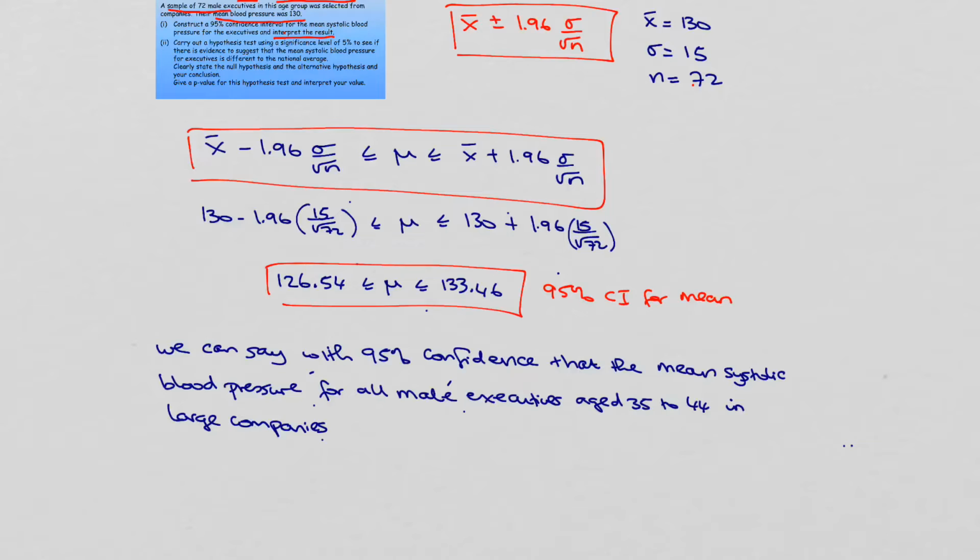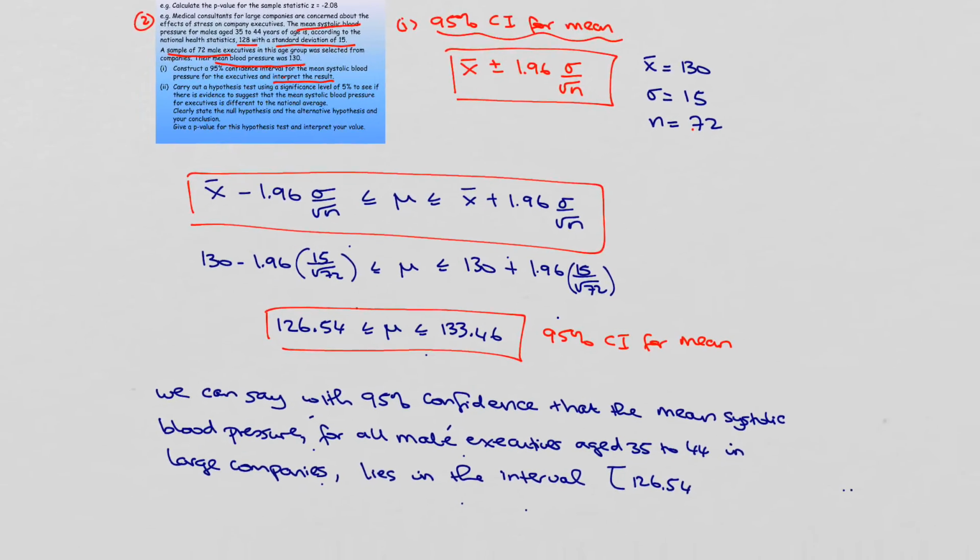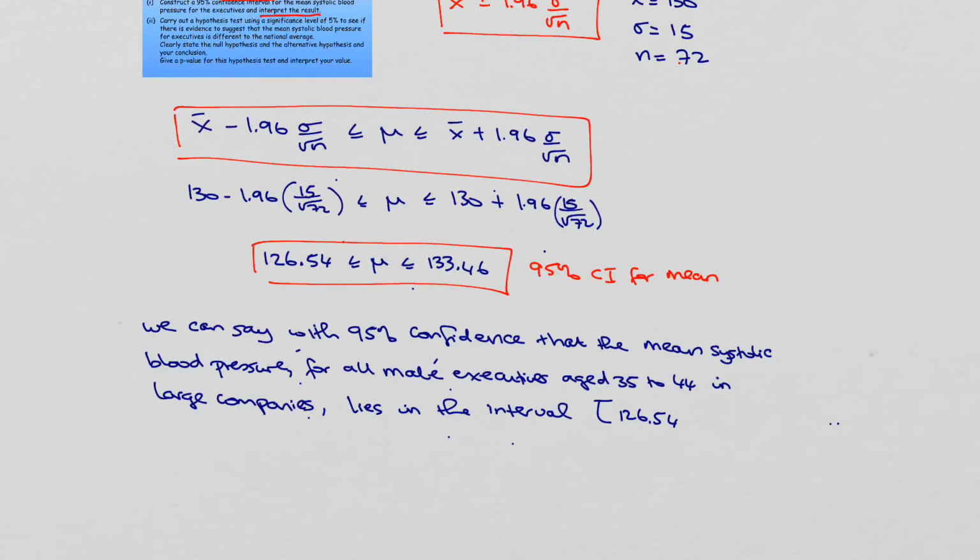The mean systolic blood pressure for all males lies in the interval of 126.54, and we weren't given any units for that, so it's just 126.54 to 133.46.